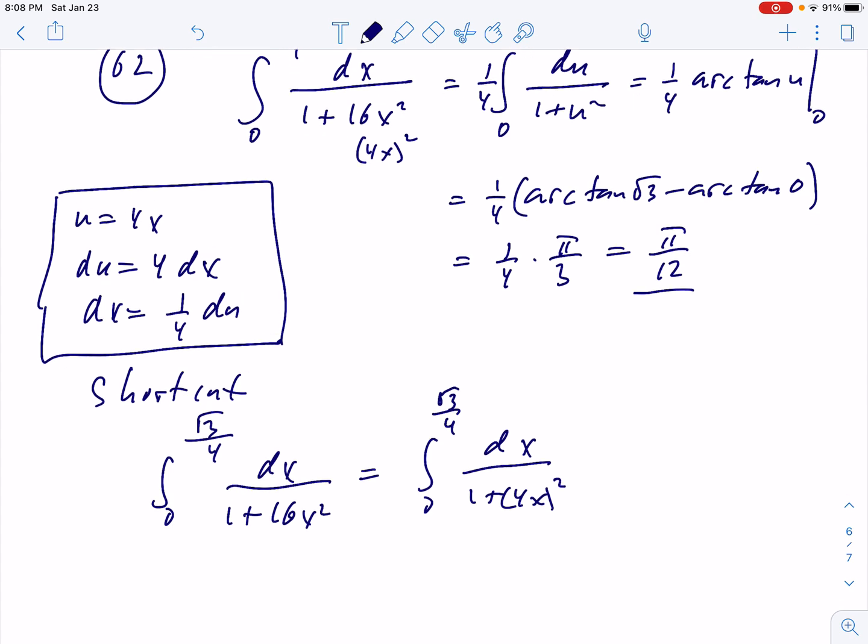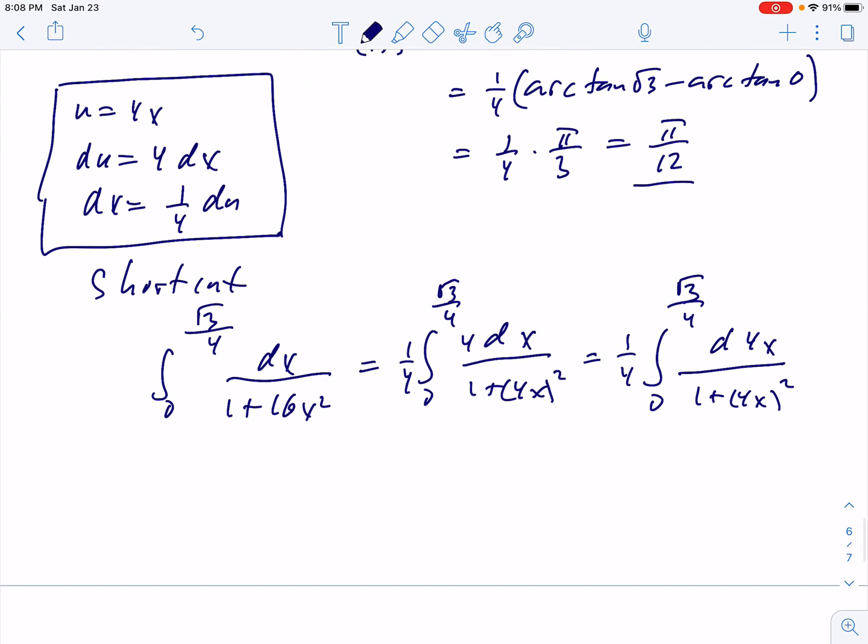Now I can divide by 4 and multiply by 4, and this 4 on the top I can bring behind d, and this can be written 1/4 integral from 0 to root of 3 over 4 of d(4x) over 1 plus 4x all this squared. And I can regard 4x like a variable. Instead of writing a new letter, just think of this like u. And integration gives you 1/4 arctangent 4x, now here between 0 and root 3 over 4.